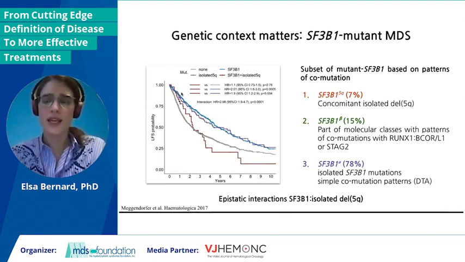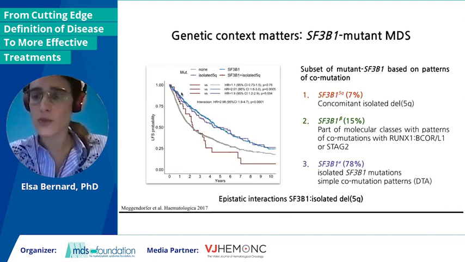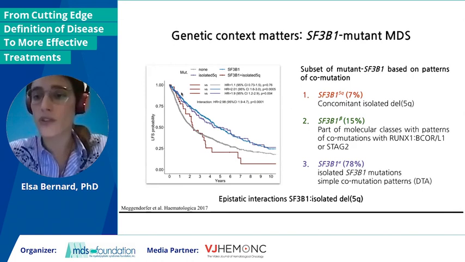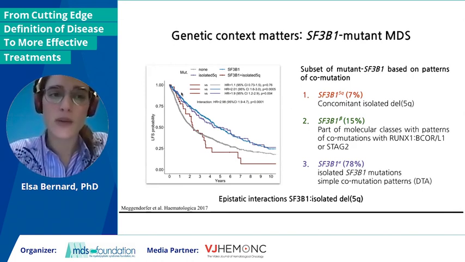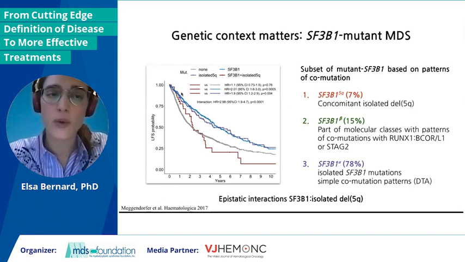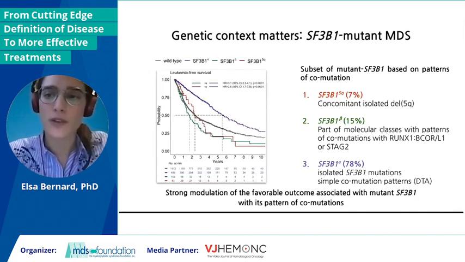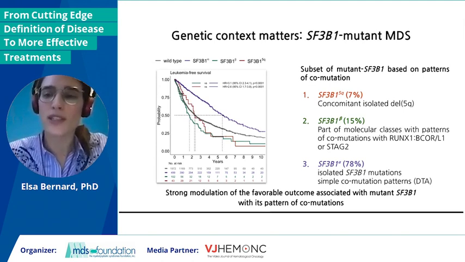And interestingly, there are strong epistatic interactions with respect to outcomes across some of those subgroups. In particular, we do observe strong epistatic interaction between SF3B1 mutations and isolated 5q. And when we consider the outcomes specific to SF3B1 cases across those different subgroups, we see that the favorable outcomes of SF3B1 are restricted to only one of the subgroups, which highlights that the association is modulated by the patterns of co-mutation.